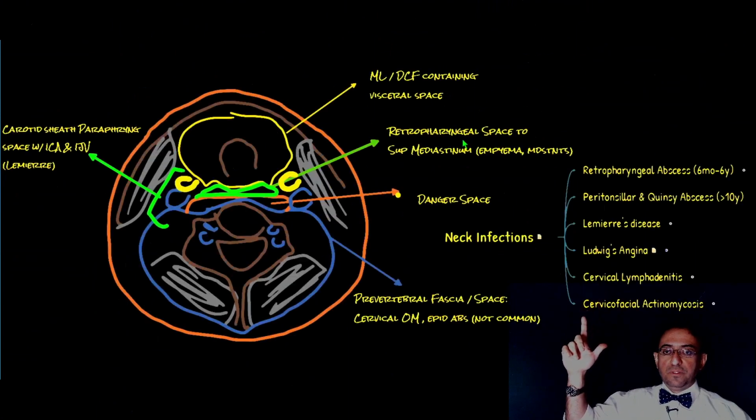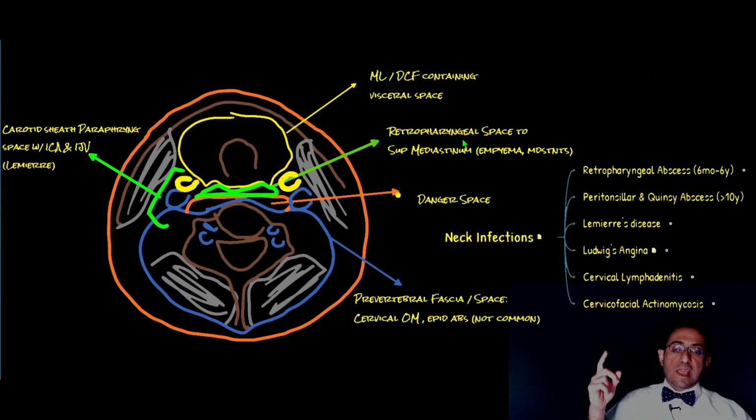So these are our differential diagnosis of common neck infections. Again, remember, if you are dealing with a child who has high fever and keeps the neck in the extended position, and X-ray shows increased retropharyngeal soft tissue, you still need to perform CT to rule out prevertebral abscess in the case of retropharyngeal abscess seen in kids at age 6 months to 6 years.